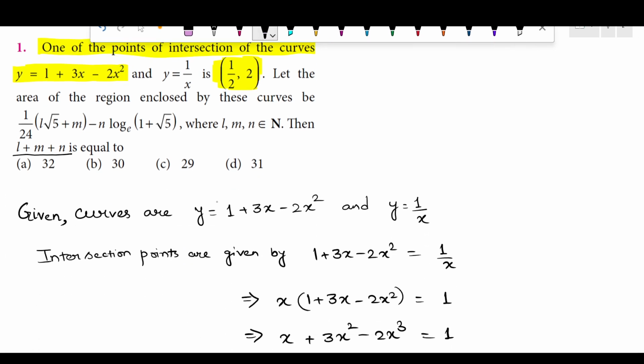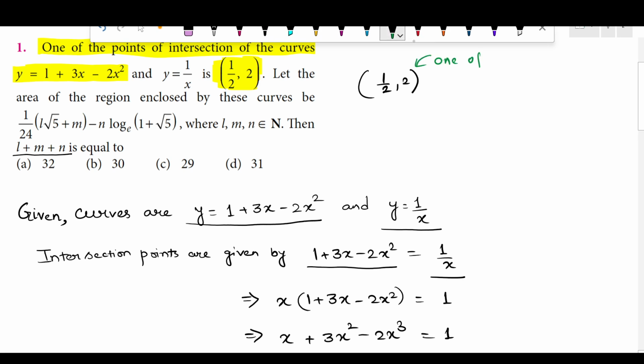So the given curves are y = 1 + 3x - 2x² and y = 1/x. Now the intersection points are given by 1 + 3x - 2x² = 1/x. Here we are given the value of one of the intersection points, but we want to find the other intersection point, that's why we are taking this.